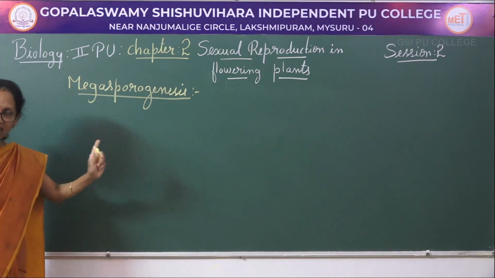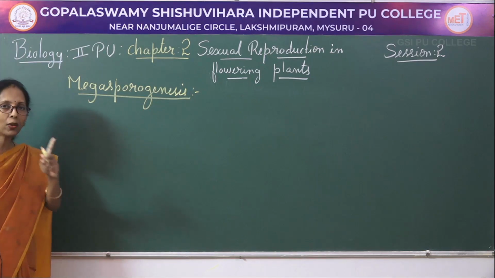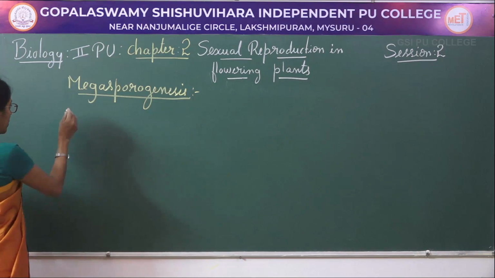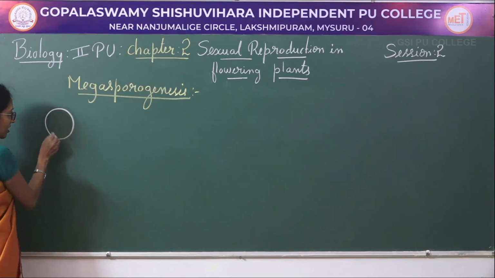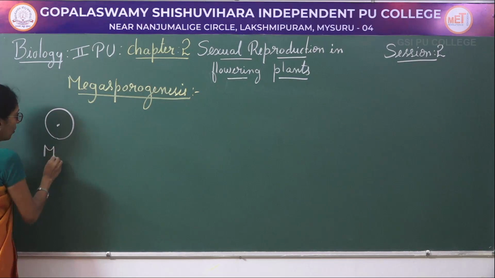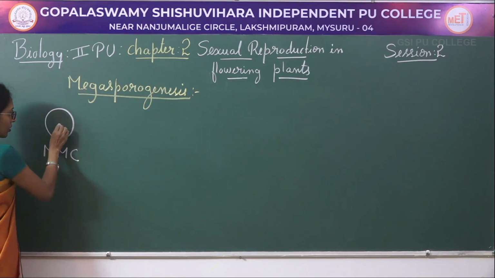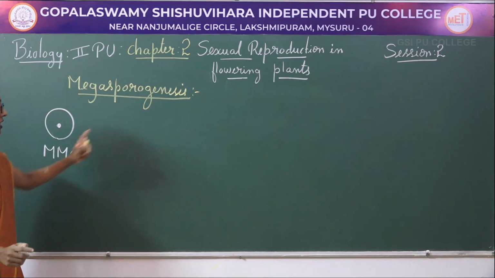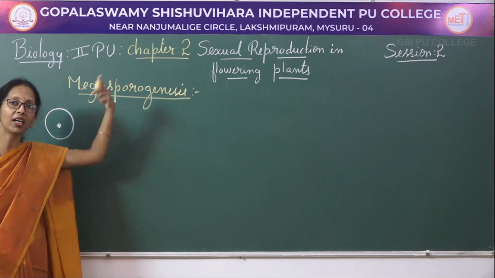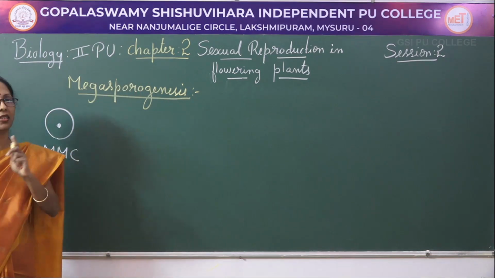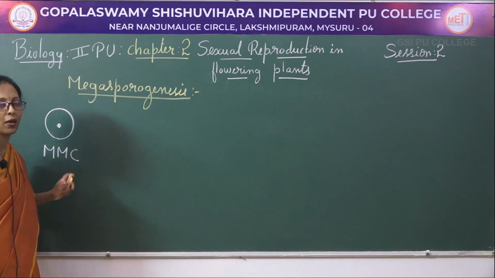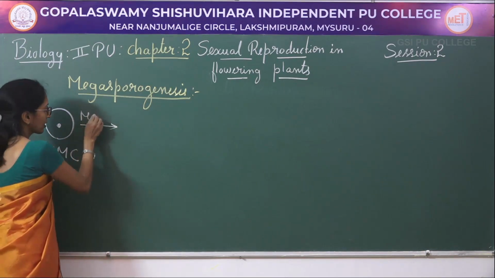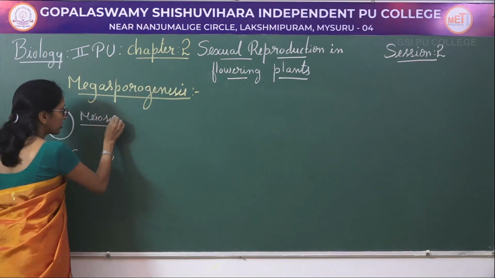So, within the nucellus, only one cell that is present towards the micropylar region acts as the megaspore mother cell. So, what is meant by megaspore mother cell? Only one cell present towards the micropylar region within the nucellus now acts as the megaspore mother cell, which undergoes meiosis.